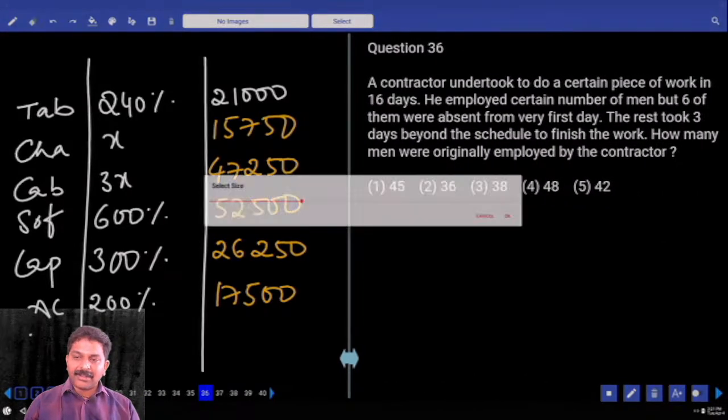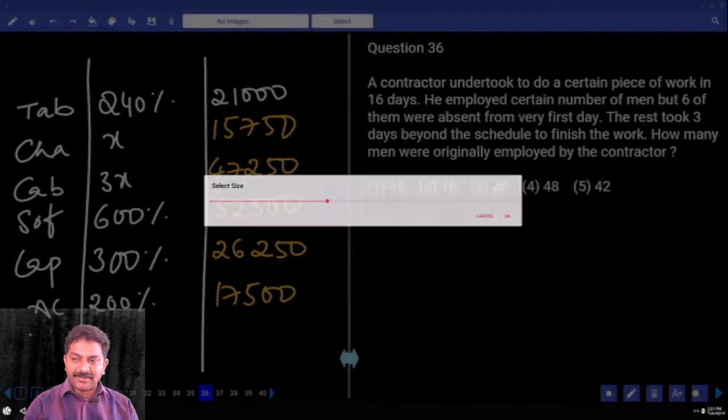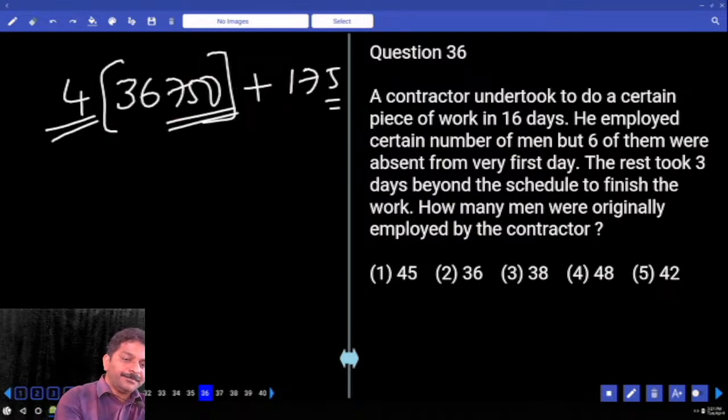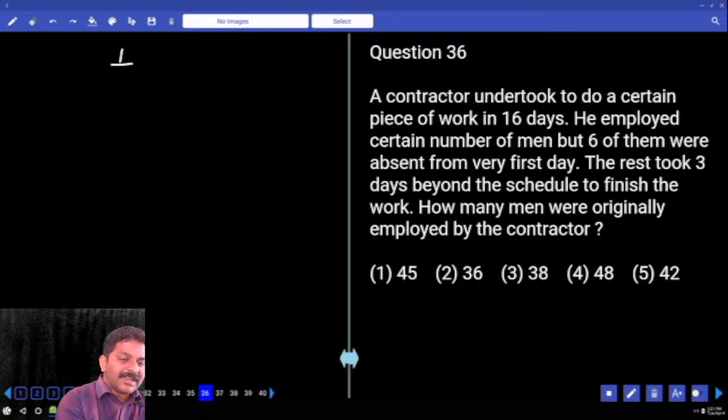A contractor undertook to do a certain piece of work in 16 days. He employed a certain number of men, but 6 of them were absent from the very first day. The rest took 3 days beyond the schedule to finish the work. How many men were originally employed by the contractor? Okay. Now, in the first case, I don't know how many people are there.